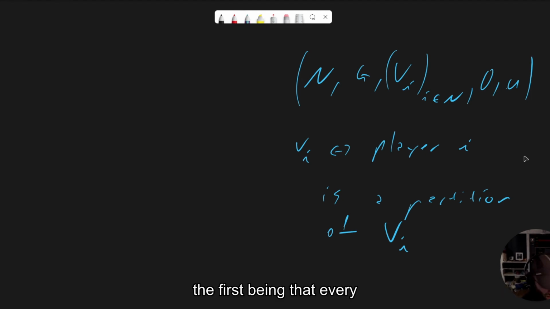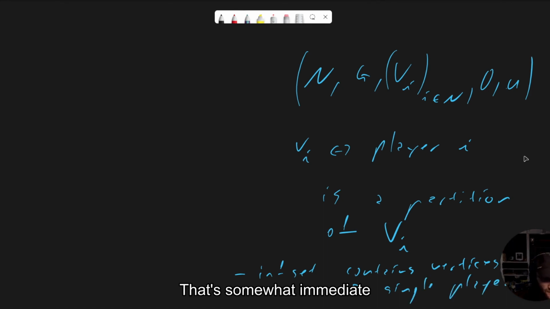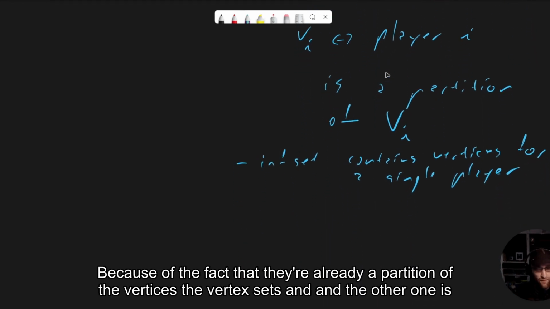The first being that every info set contains vertices for a single player. Okay, that's somewhat immediate because of the fact that they're already a partition of the vertex sets.